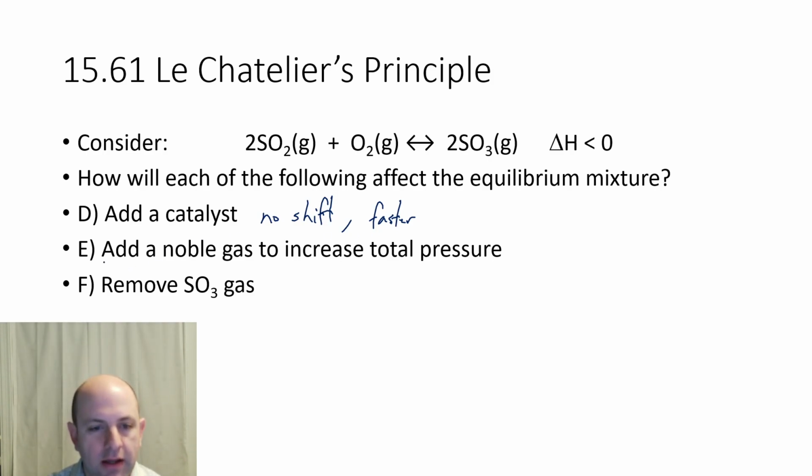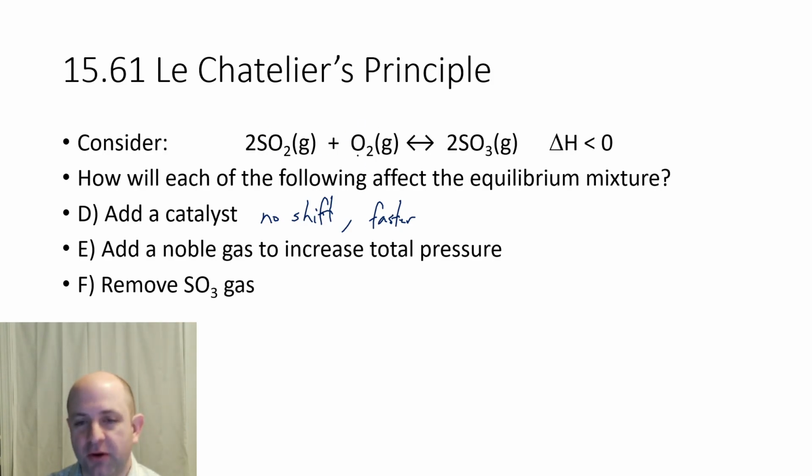All right. Letter E says, what happens if we add a noble gas, maybe neon, argon, helium, whatever, to increase the total pressure? Well, this is where people get tripped up because they'll say, oh, we've increased pressure, favor the side with fewer gases. But that's only if we increase all the partial pressures. If we add a noble gas, we've done nothing to the partial pressure of sulfur dioxide.